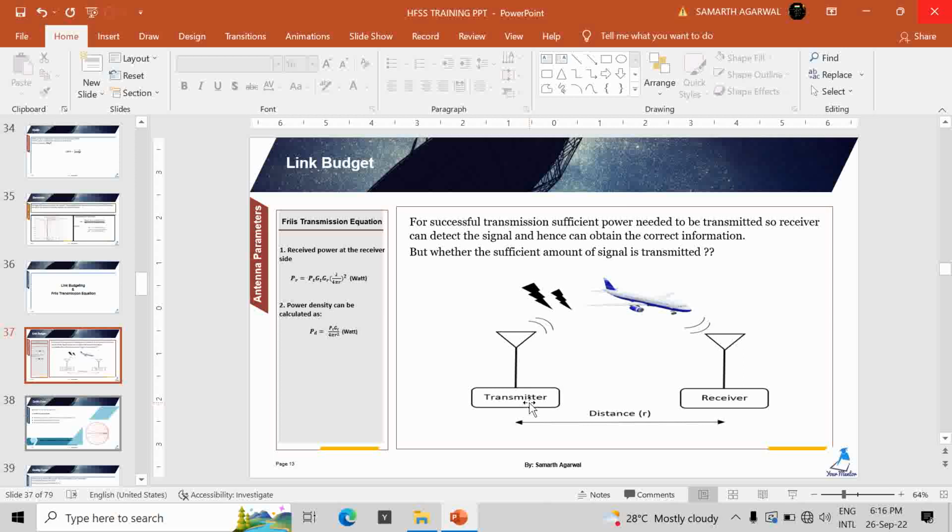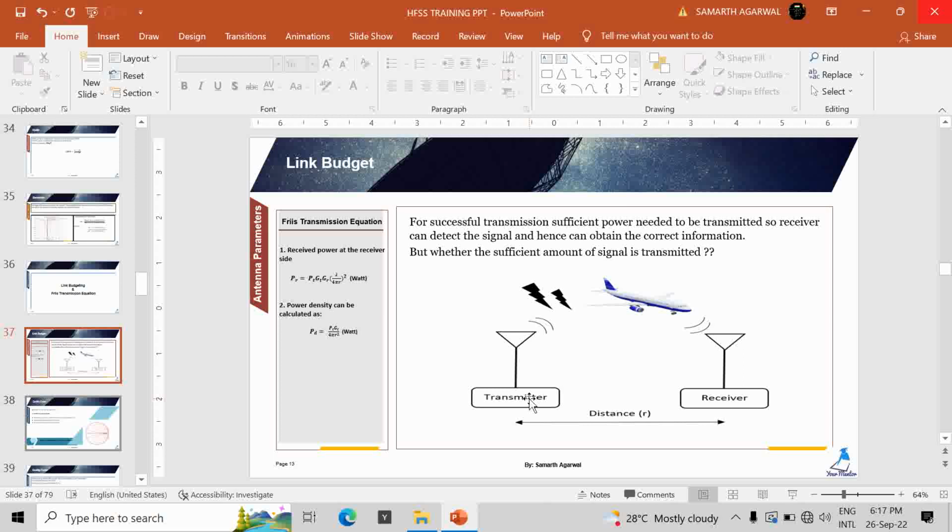We can calculate it with the help of the transmitted power multiplied by the transmitter gain multiplied by the receiver side gain multiplied by (lambda divided by 4 pi r) squared. Here PT means transmitted power, GT the transmitting antenna gain, GR the receiver antenna gain, and PR is the received power. It is obviously defined in watts only.